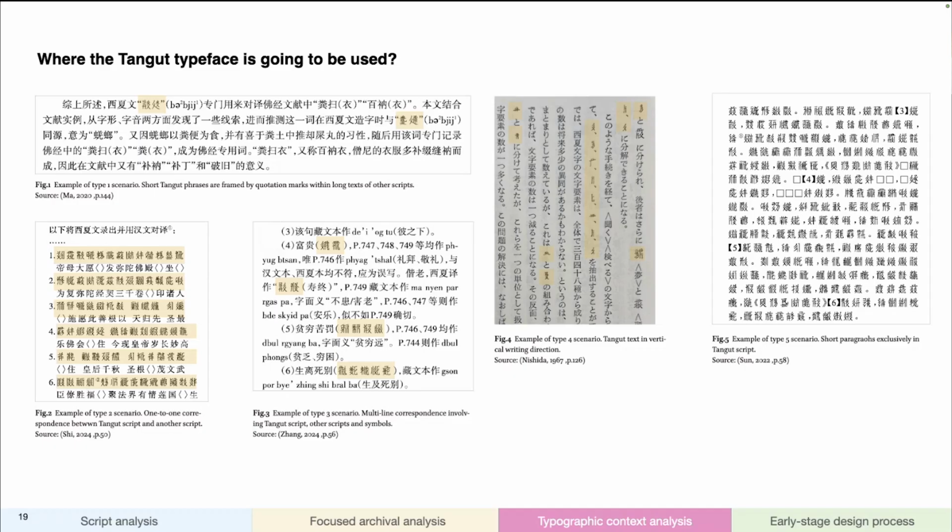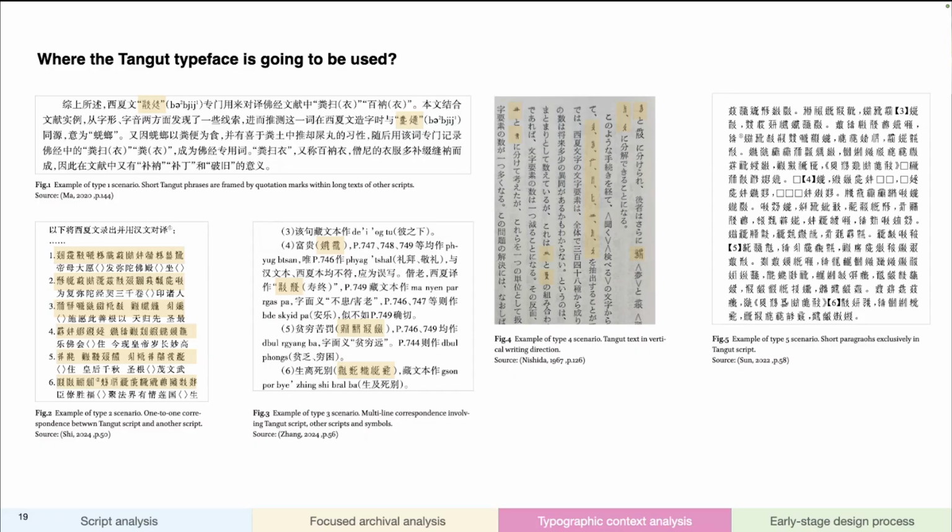For example, Tangut is often used in short phrases within long text in another script, or one line of Tangut script and another line of the translation in another script, or in a more chaotic situation with multiple scripts and some symbols, or vertical typesetting, or paragraphs exclusively in Tangut script. A different situation gives Tangut typefaces different functional requirements.